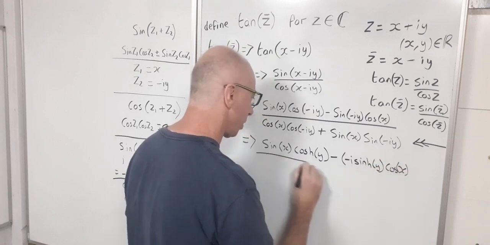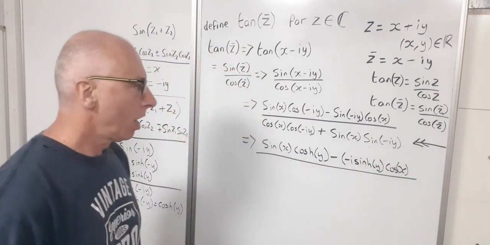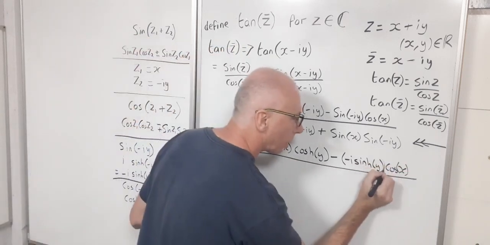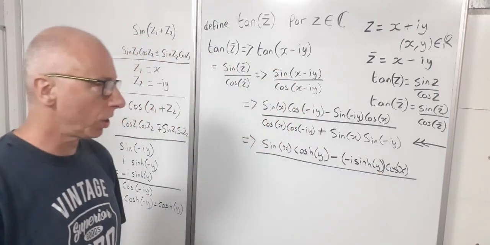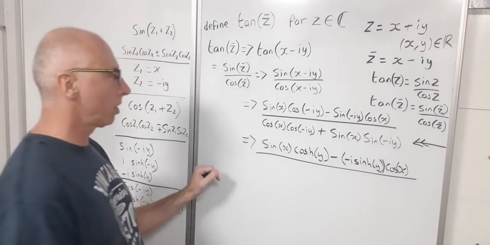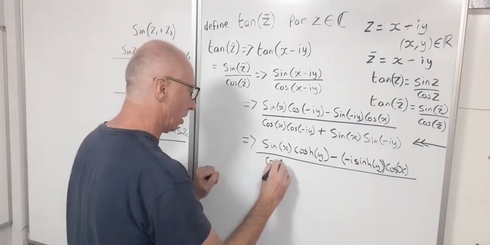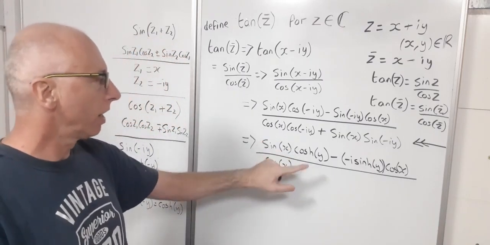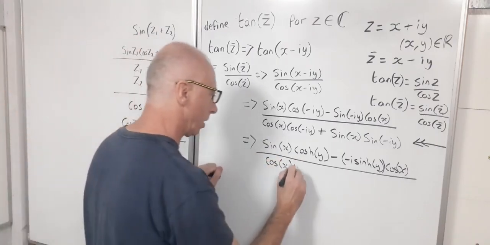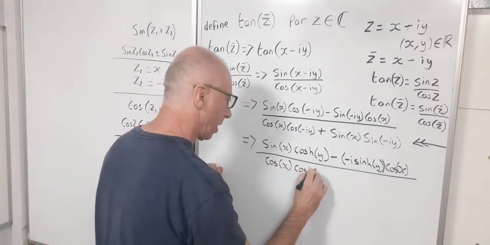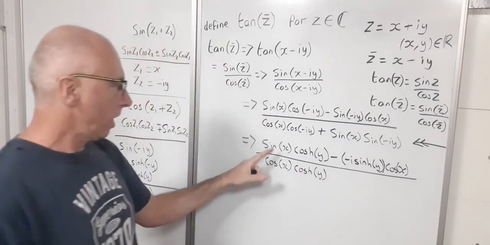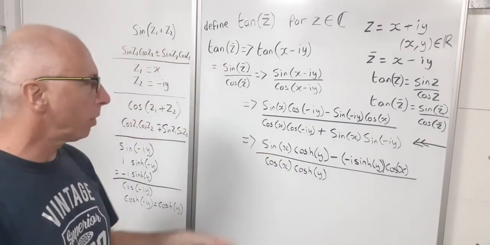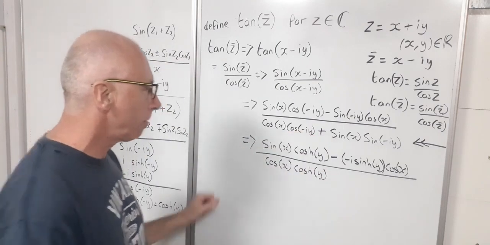So nothing to do with the cosine x, just leave it as it is. Okay, just need an extra bracket just to make that all good. Okay, now deal with this, cosine of x. Now, what happened with the cosine of minus IY? That just turned into cosh of y. So that can just stay there as well. So now something's happening here, which is looking good, but I've got a positive sign in my denominator.